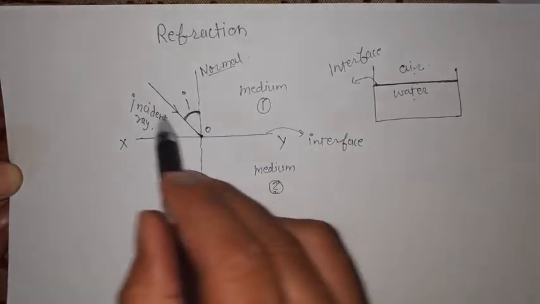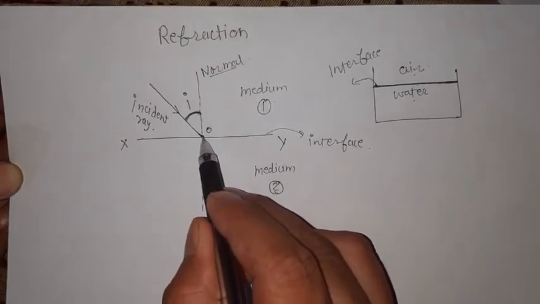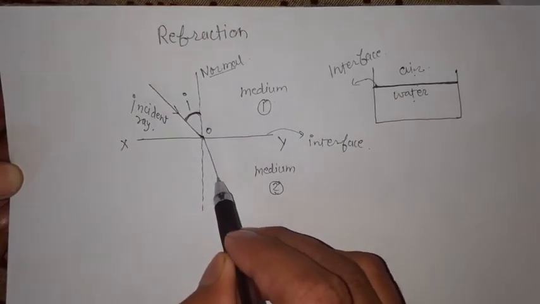When this ray of light goes from one medium to another, it bends away from its actual path.